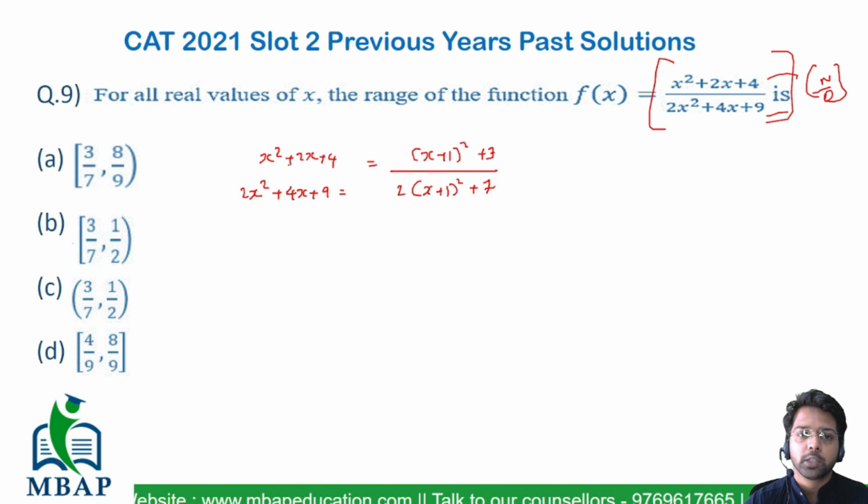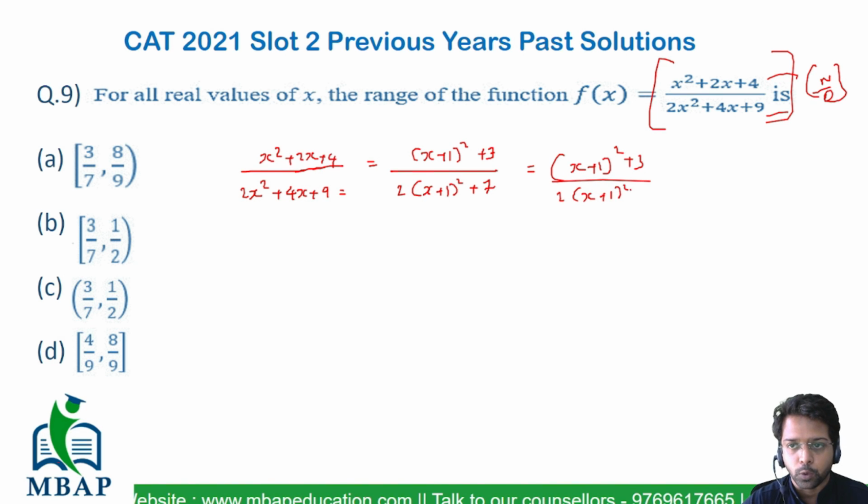Now this is the same question in the form of the f of x function that we have got. Still the numerator and denominator do not have anything common apart from x plus 1 the whole square. Now let's try to break 7 into some form. Let me rewrite this as x plus 1 the whole square plus 3 divided by 2 times x plus 1 the whole square plus 3 and then add 1 in the end.